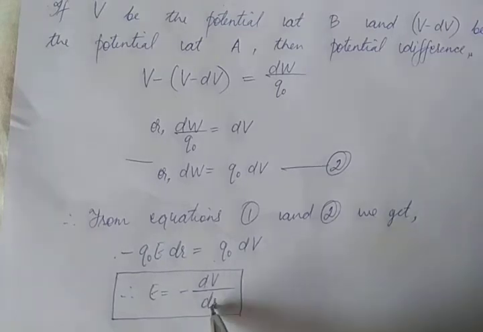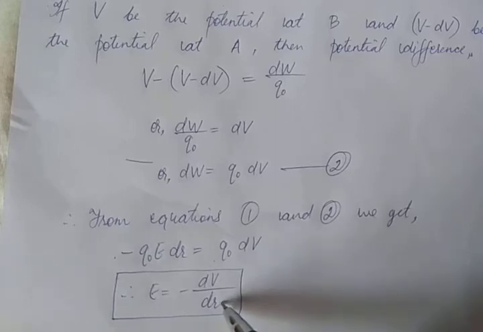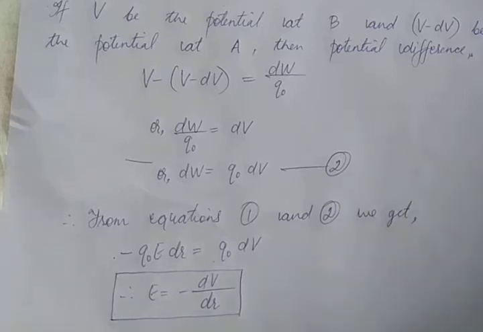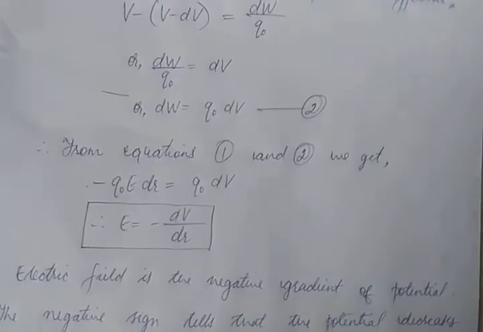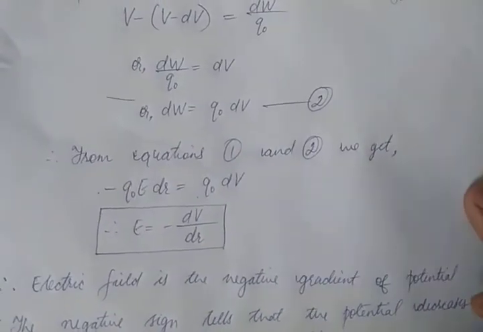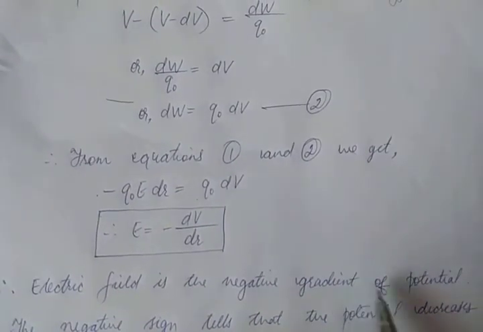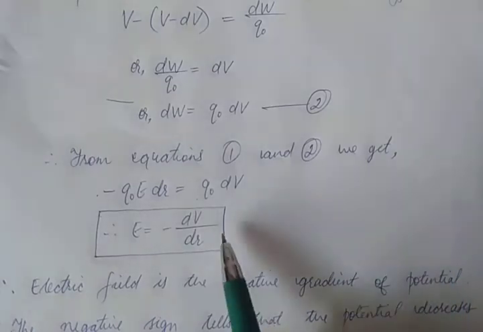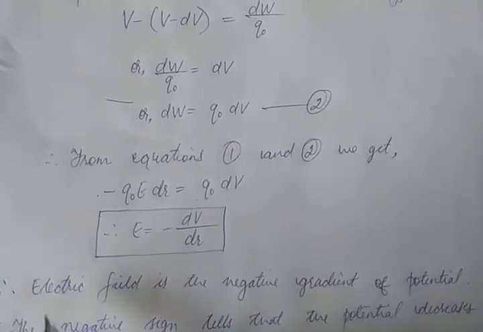Now dV by dr is the rate of change of potential with distance. This rate of change of potential with distance is what is called the gradient of potential, remember. And thereby from this expression we see that the electric field is the negative gradient of potential.